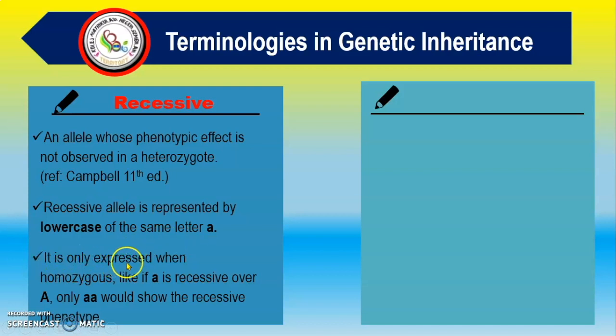It is only expressed when homozygous, like if small a is recessive over capital A, only small a small a will show the recessive phenotype.